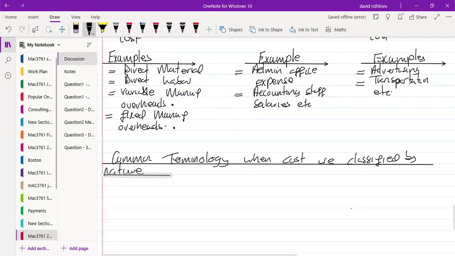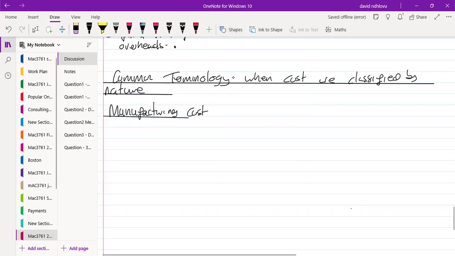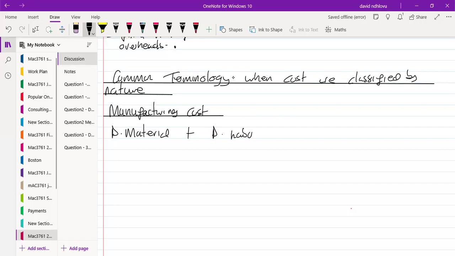Right. So when we look at the manufacturing costs, if you add direct material plus direct labor, you get what is called prime costs.